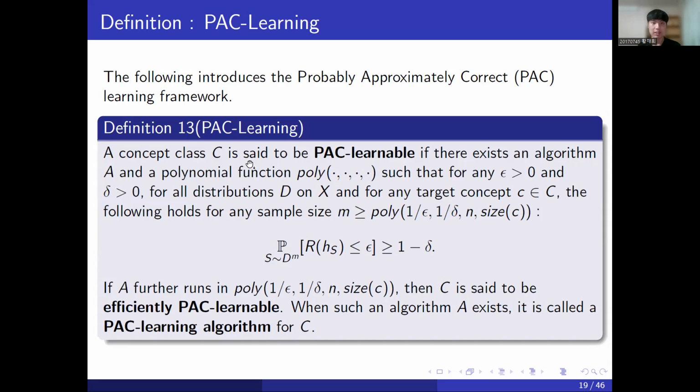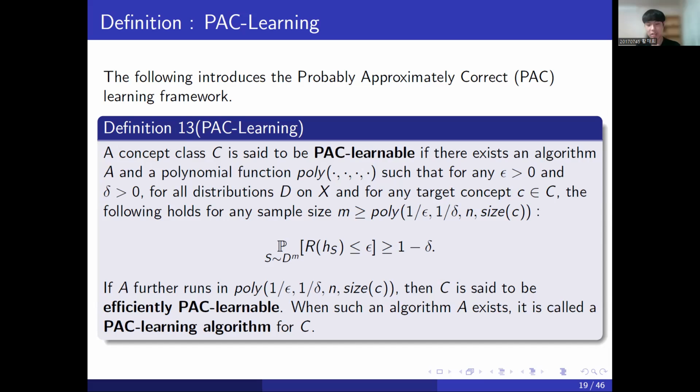A concept class C is said to be PAC learnable if there exists an algorithm A and a polynomial function such that for any positive epsilon and positive delta, for all distributions D on X and for any target concept c in C, the following holds for any sample size greater than a polynomial of these arguments, and which satisfies this condition. If algorithm A further runs in polynomial time of these arguments, then C is said to be efficiently PAC learnable. When such an algorithm A exists, it is called a PAC learning algorithm for C.